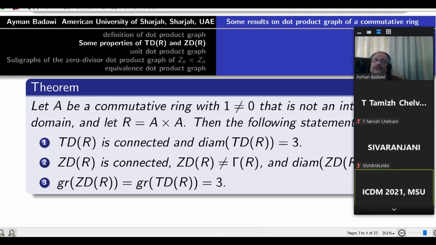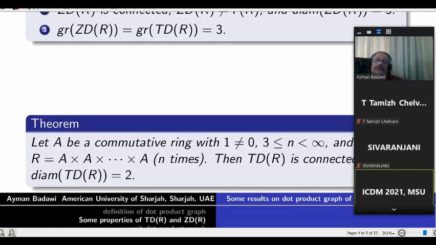If you tell me the total dot product graph is connected and its diameter equals 3, then I know that the zero dot product graph is connected. I know the zero dot product graph is not equal to the classical zero divisor graph. I know that the girth of the zero dot product graph equals the girth of the total dot product graph, which is 3.